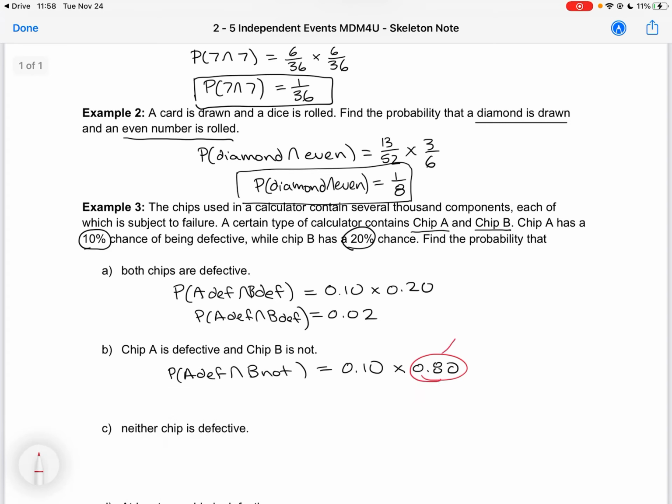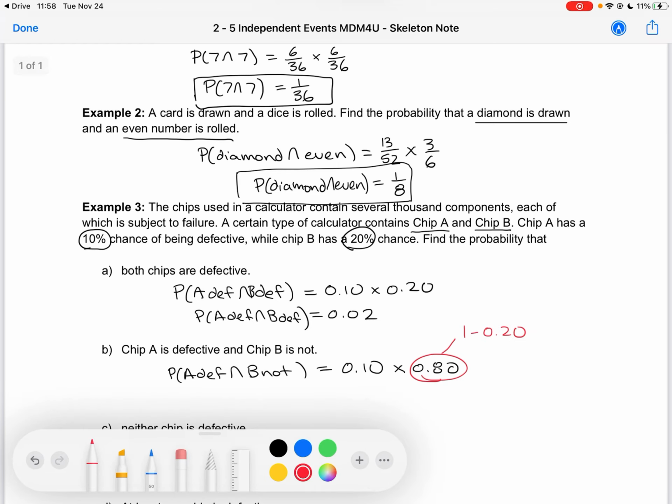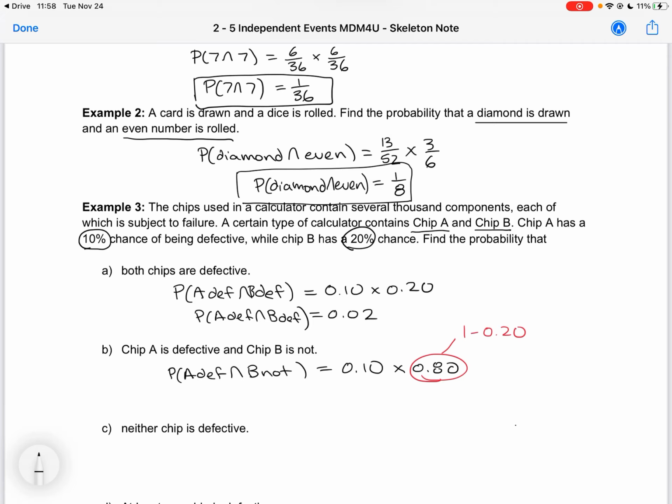So here I would have 1 minus 20%, which is going to give me 80% or 0.80. Therefore, my probability that chip A is defective and chip B is not would be 0.08 or 8%.